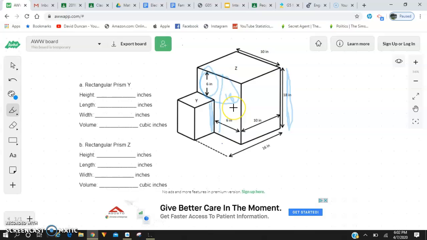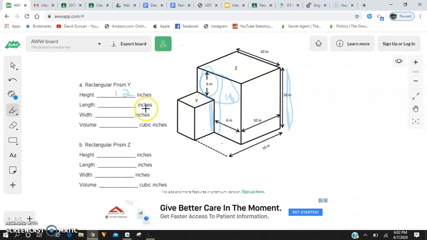So if I have 18 and I'm taking 6 away from 18, I'm going to have 18, 17, 16, 15, 14, 13, 12. I'm going to have a height of 12 inches. I got that by looking at the overall height and subtracting the difference between the two prisms.